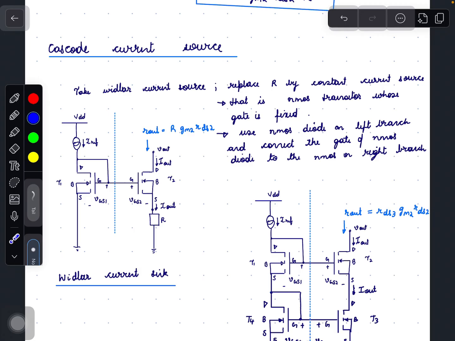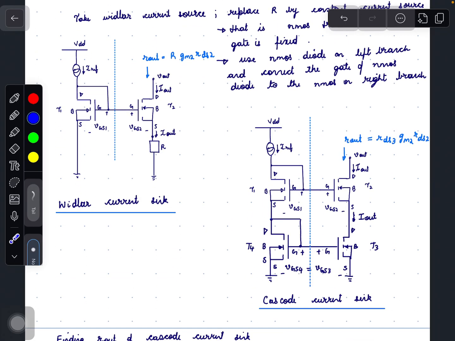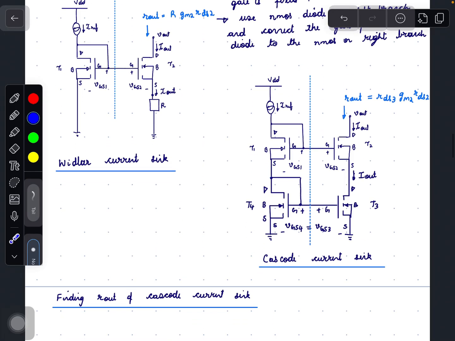This can be obtained by using an NMOS diode on the left branch and connecting its gate to the gate of an NMOS on the right branch, which results in a cascode current source or sink. So here we have replaced the resistor R by an NMOS whose gate is connected to an NMOS diode, that is T4.